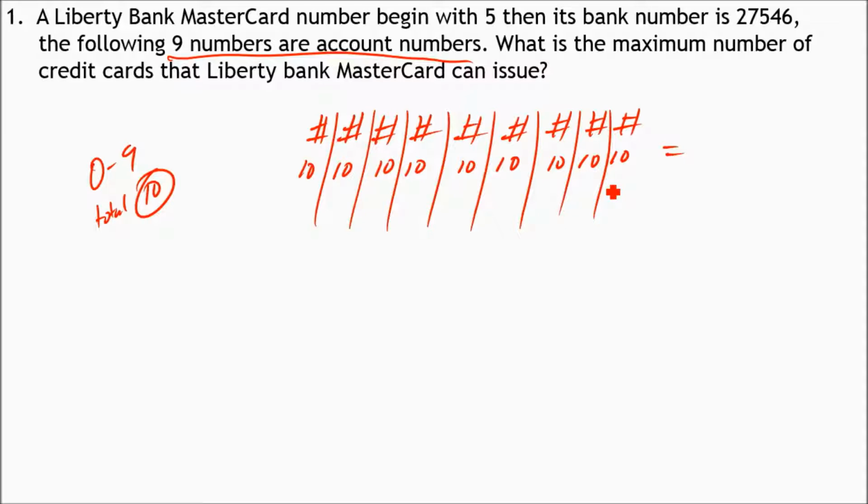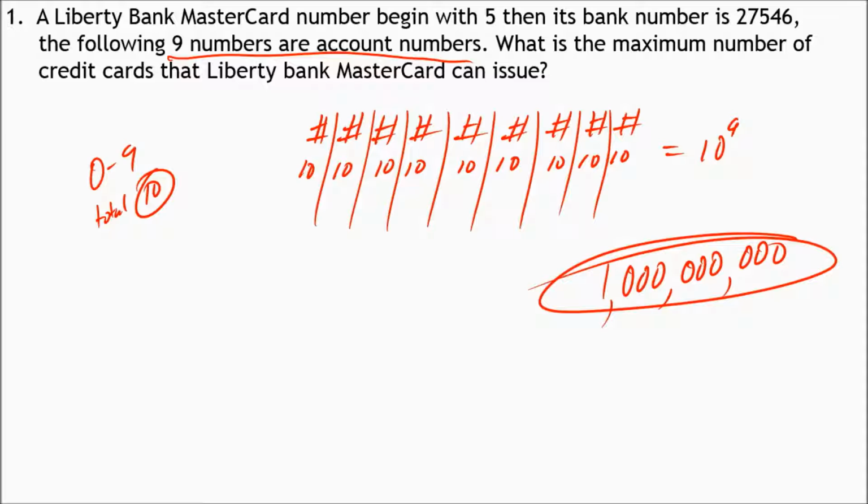There are 9 of them, so that'd be 10 to the 9th power, a 1 with 9 zeros after it. So we got hundreds, thousands, millions, and so we have 1 billion different combinations of credit card numbers that Liberty Bank MasterCard could technically issue. Now, they're obviously not going to have 1 billion customers, but they have that option.